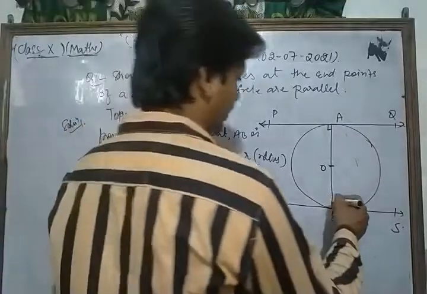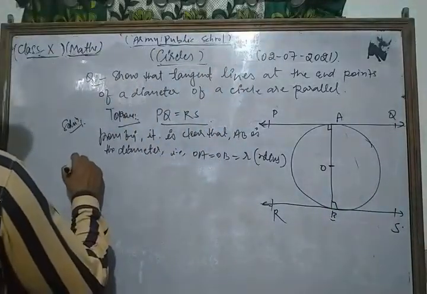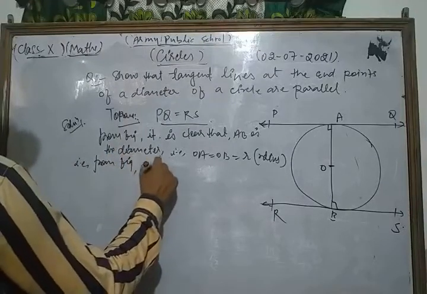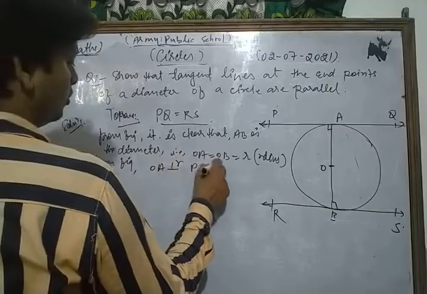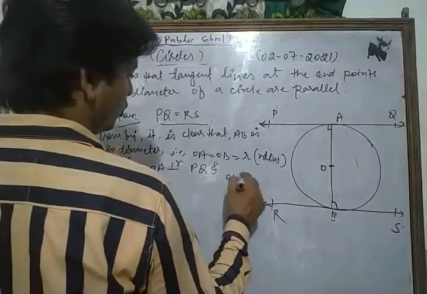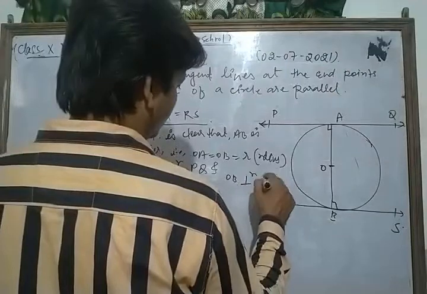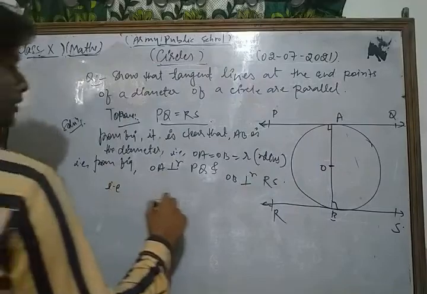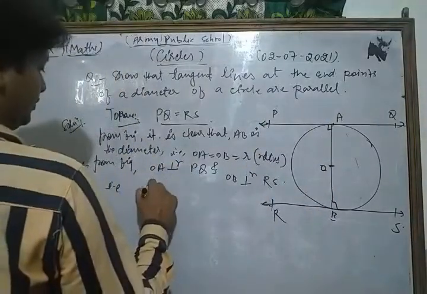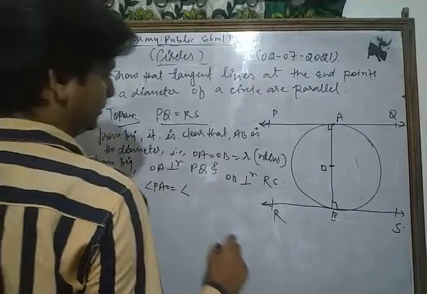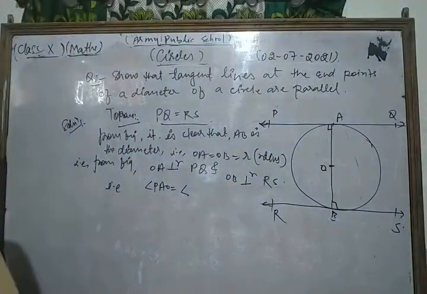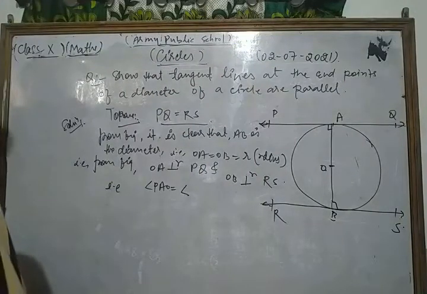From the figure, OA is perpendicular to PQ and OB is also perpendicular to RS. That is, angle PAO is equal to angle SBO.